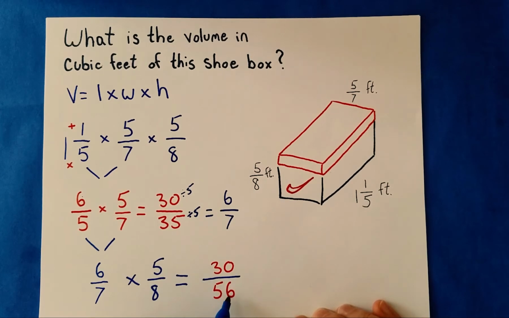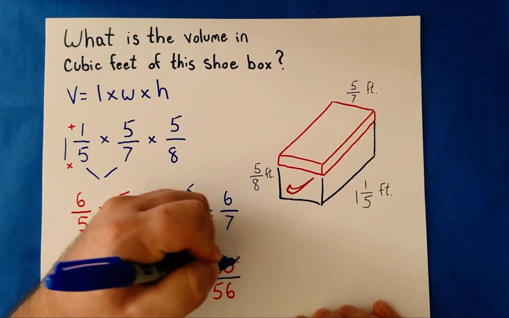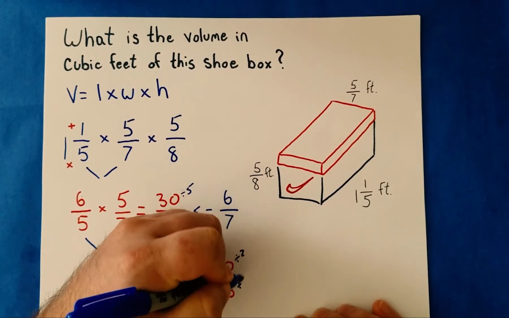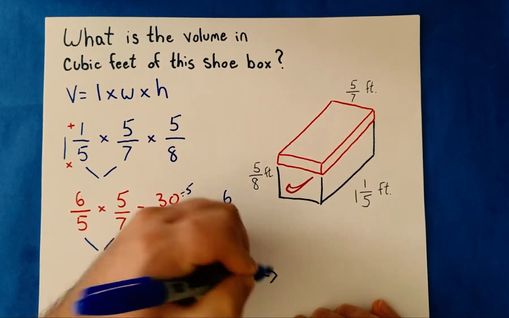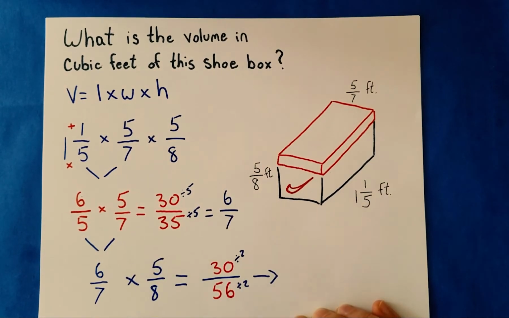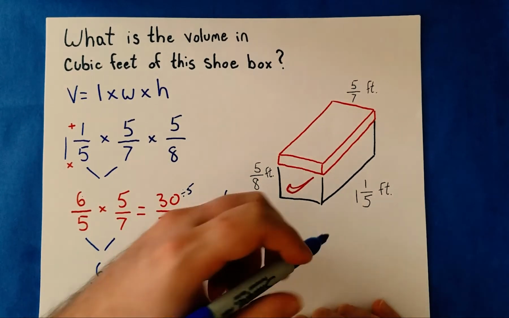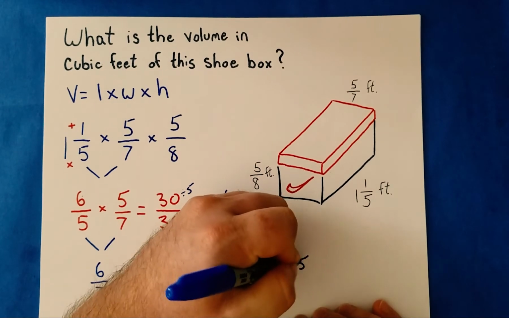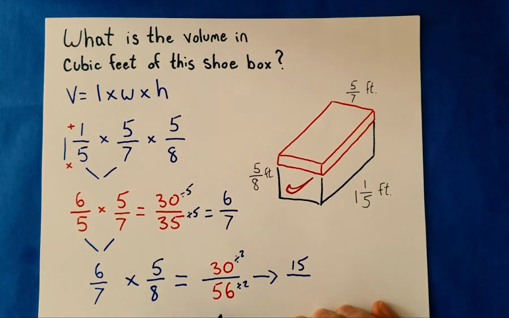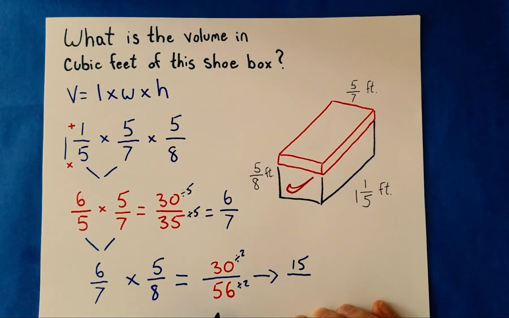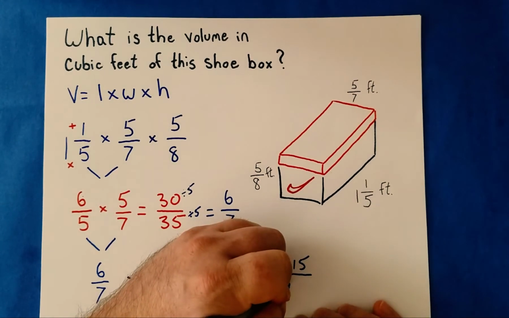It ends in a 0, it ends in a 6, and all even numbers can be divided by, you got it, 2. So I'm going to divide the numerator and denominator by 2, which is going to give me 30 divided by 2 is 15, and 56 divided by 2 is 28.